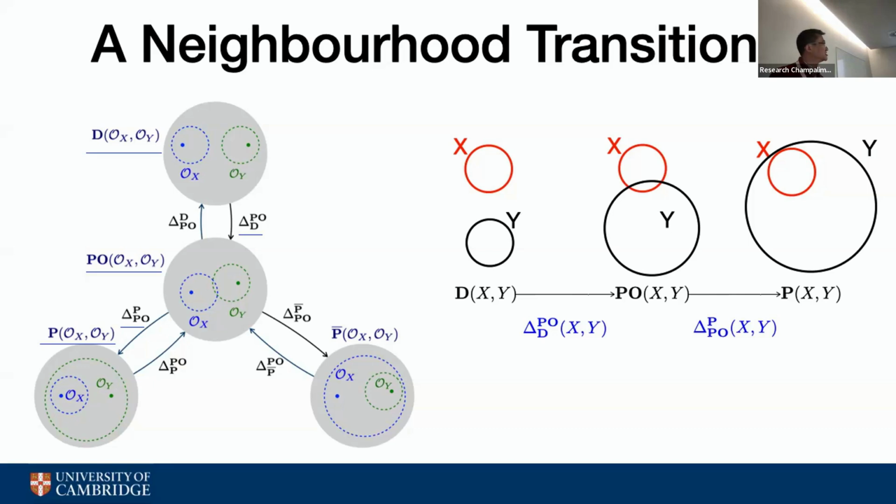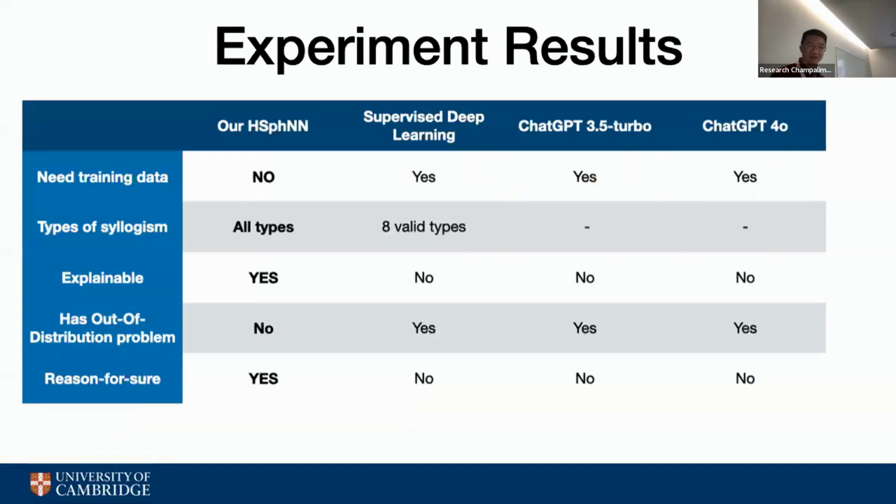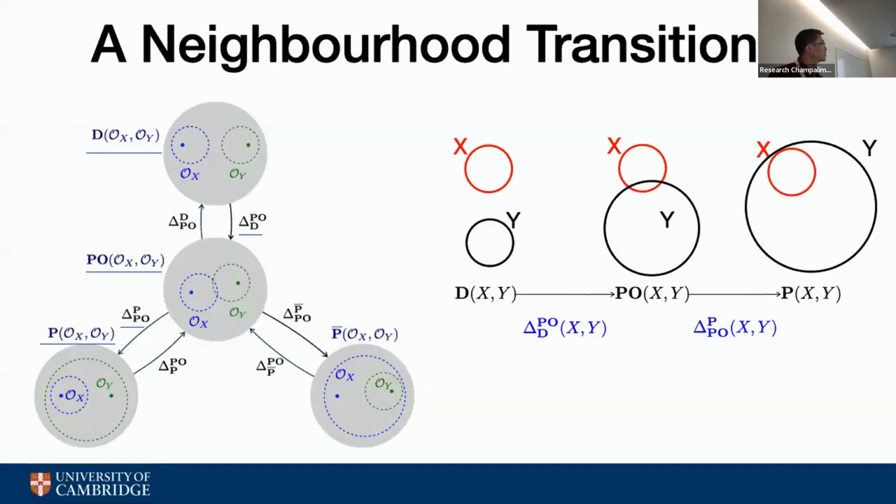So using the transition function delta DC to PO, it gradually transfers Y to X. This means shortening the distance between the central points or enlarging the radius till they connect. Then they look at the map again, PO to P. They take the delta function PO to P. This means you continue to enlarge the radius and shorten the distance between central points till the P relation holds. Then stop.